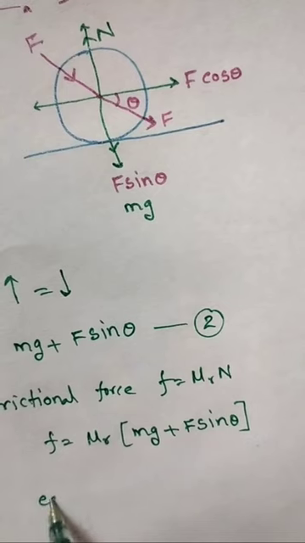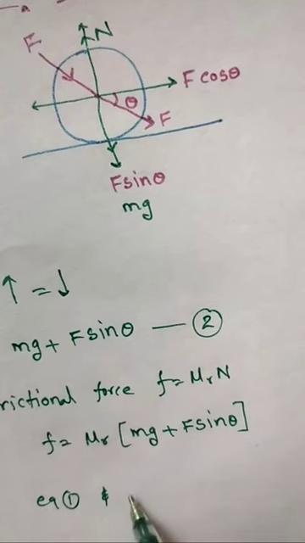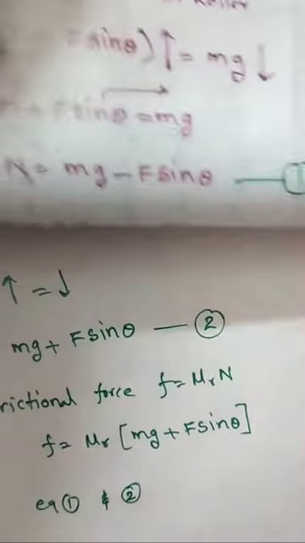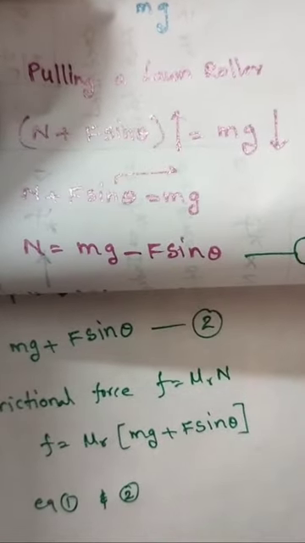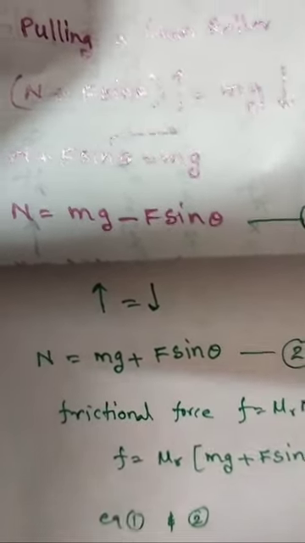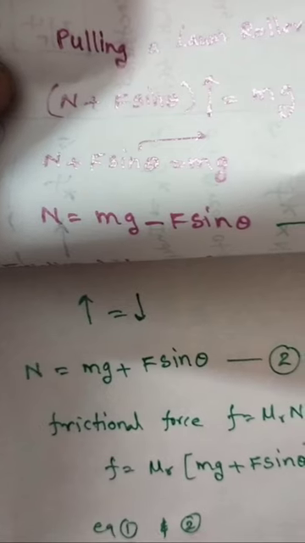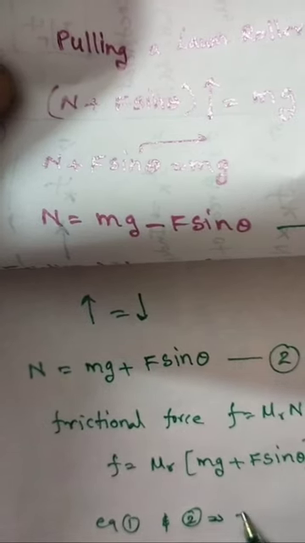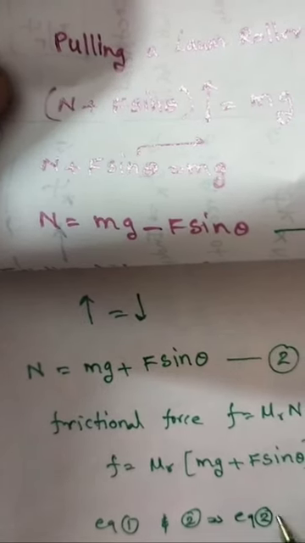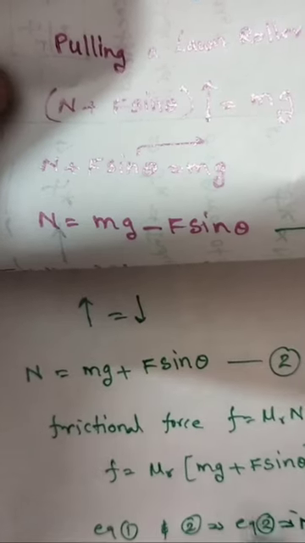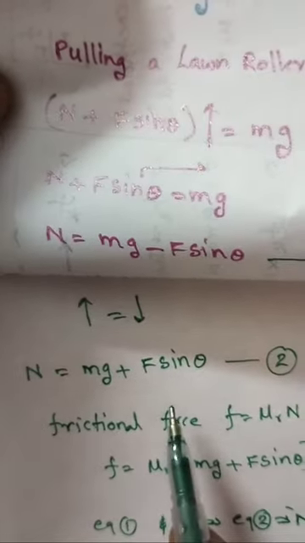From equations 1 and 2, here N is equal to mg minus F sin theta. In this one, mg plus F sin theta. In these two cases, which N value is more? Automatically the equation 2 N value is more, because N is equal to mg plus F sin theta.